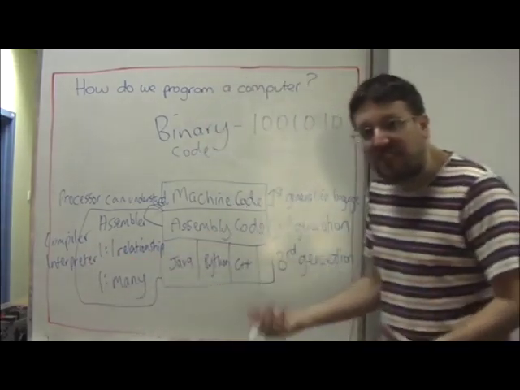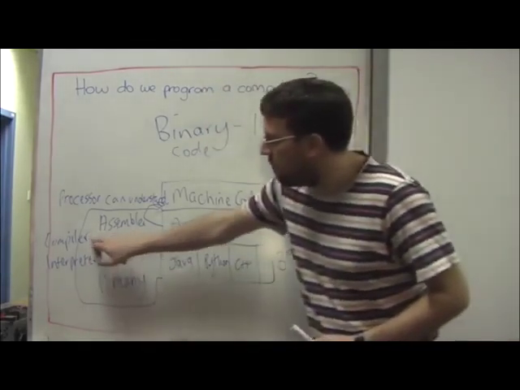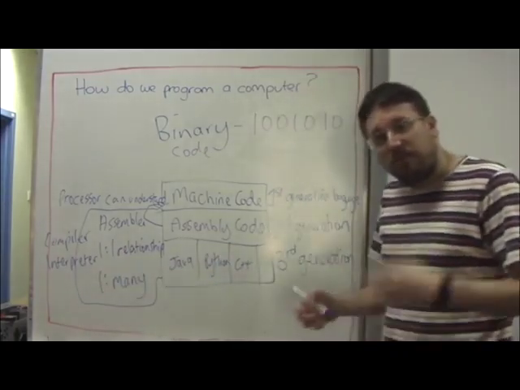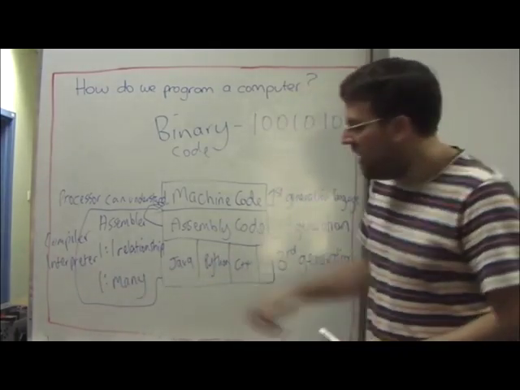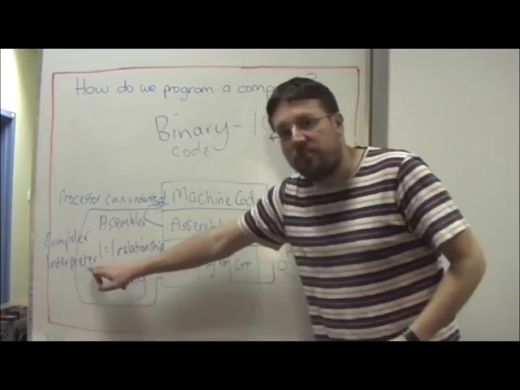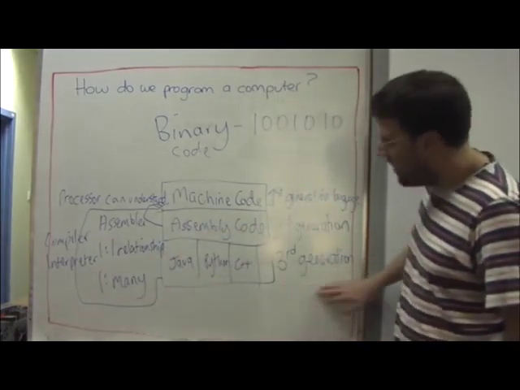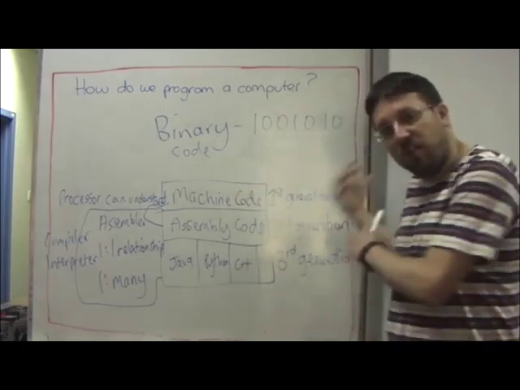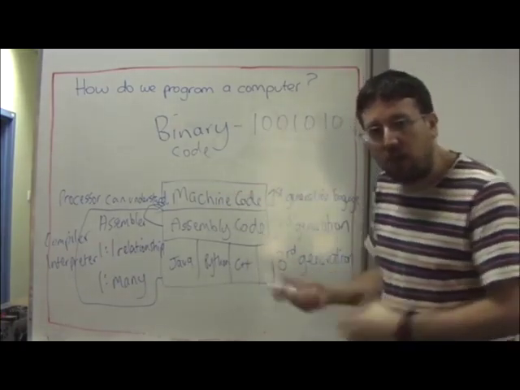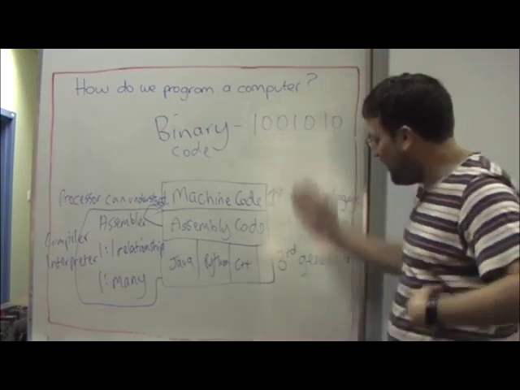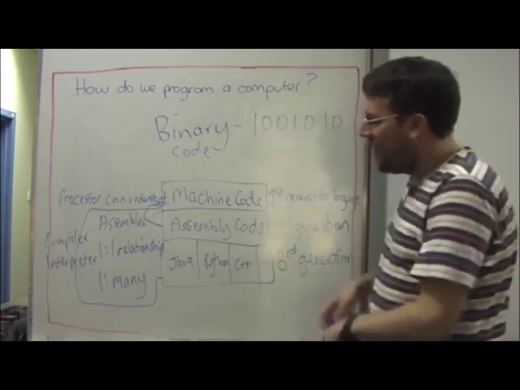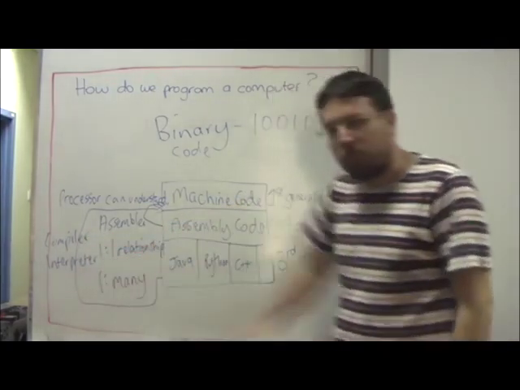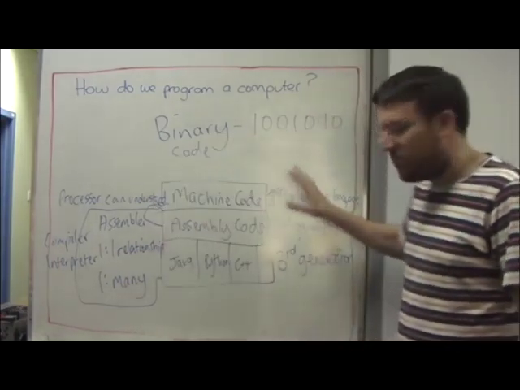In a later lesson, we'll talk about the difference between a compiler and an interpreter. For today, all you need to understand is that we can use a compiler or an interpreter to translate third generation language instructions back into machine code. Before the computer can execute our third generation programs, we must use a compiler or an interpreter to put them back into machine code.